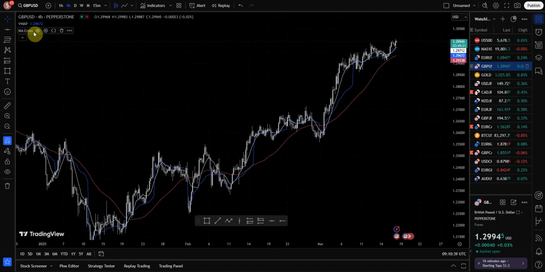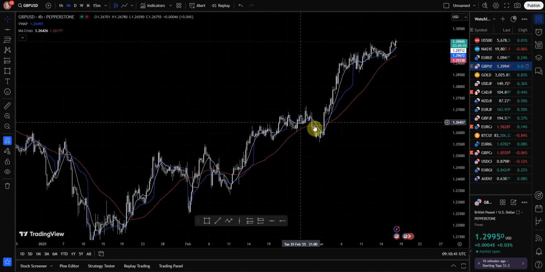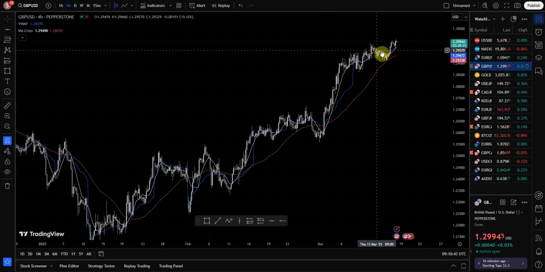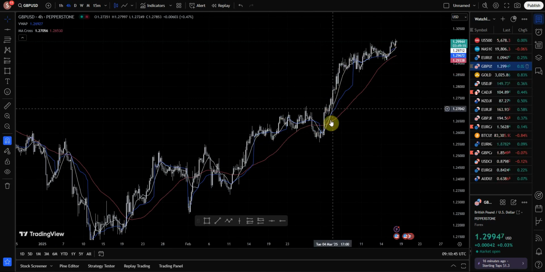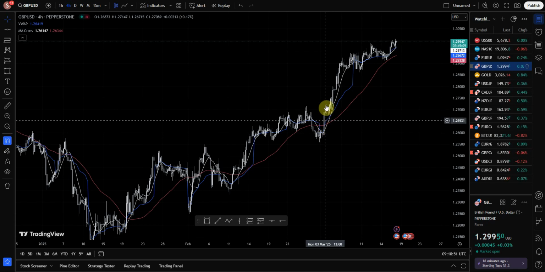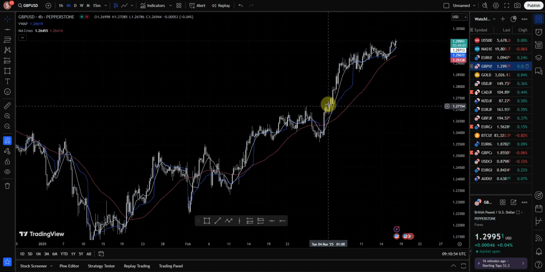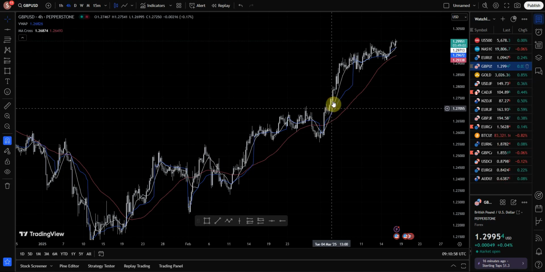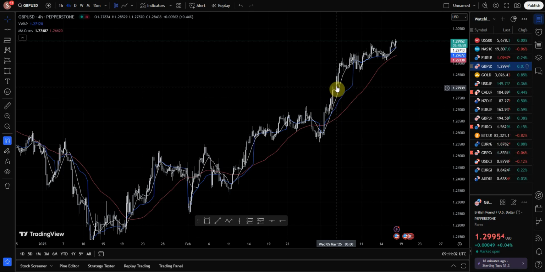And then the 10 moving average, the white one, that's to help you identify short-term reversals. You can use it as a confirmation entry, like as you've had price break here to the upside. As long as price is still above the 10 moving average, you can still trend this trade.